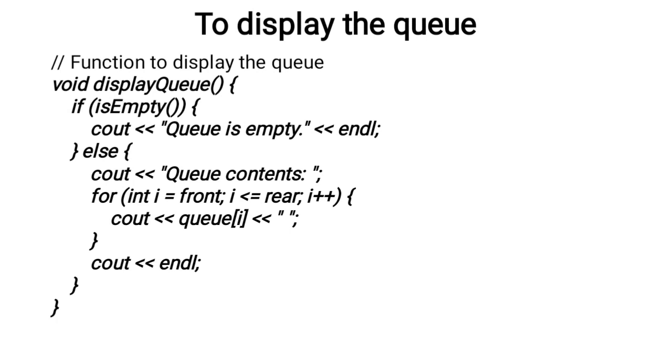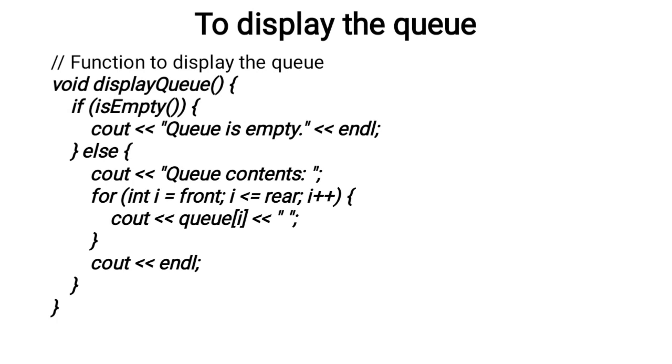I declare i and initialize it to front, then i is incremented up to position rear, and I display my elements from the first element to the last element that I have added into the queue.